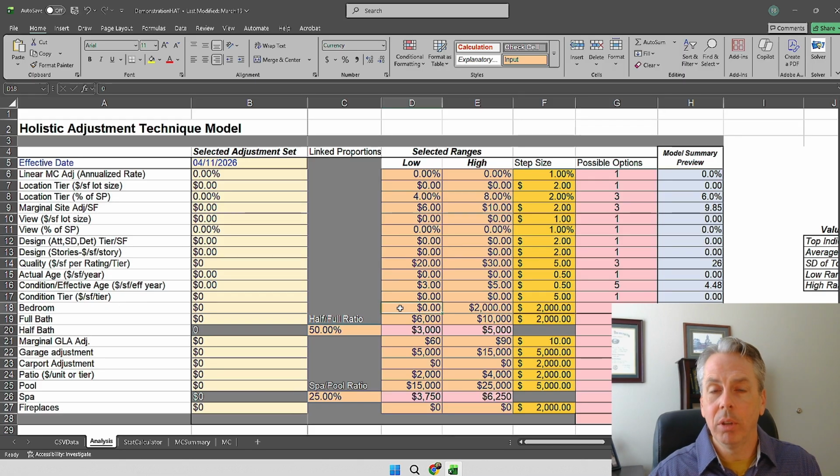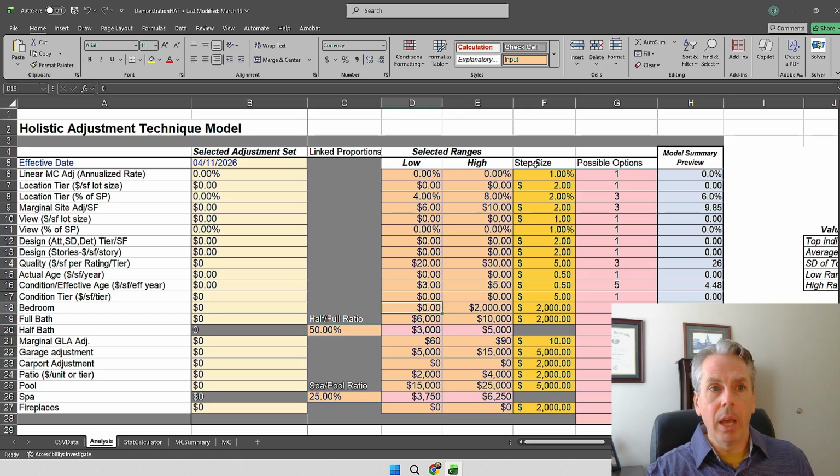I don't necessarily know if the market's going to react to bedrooms. Is that going to move the needle outside of gross living area? In my market, it often does not. But I'm able to actually see if the best possible adjustment set includes a bedroom adjustment or not. And so I'm including these potential variables even because they're a difference.